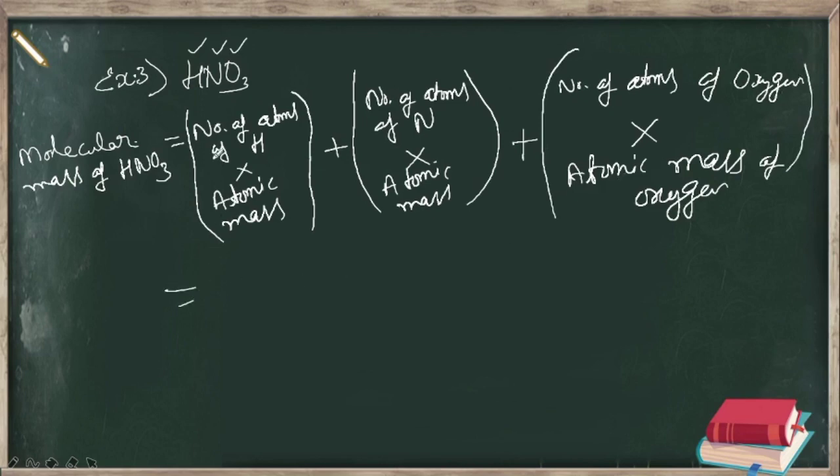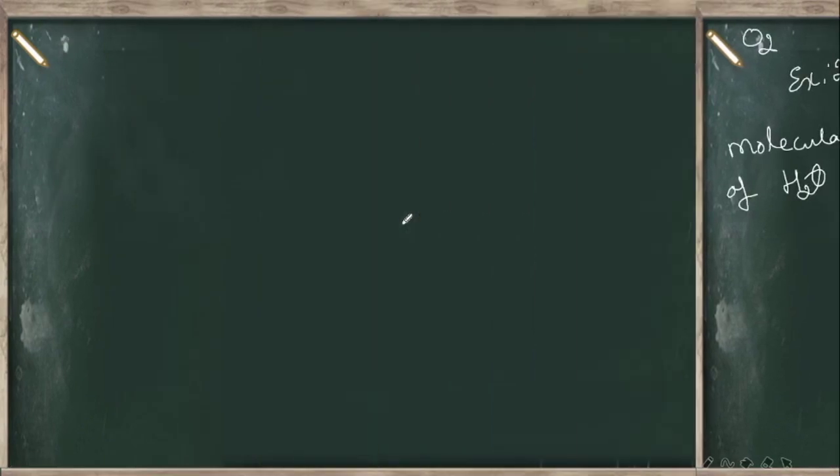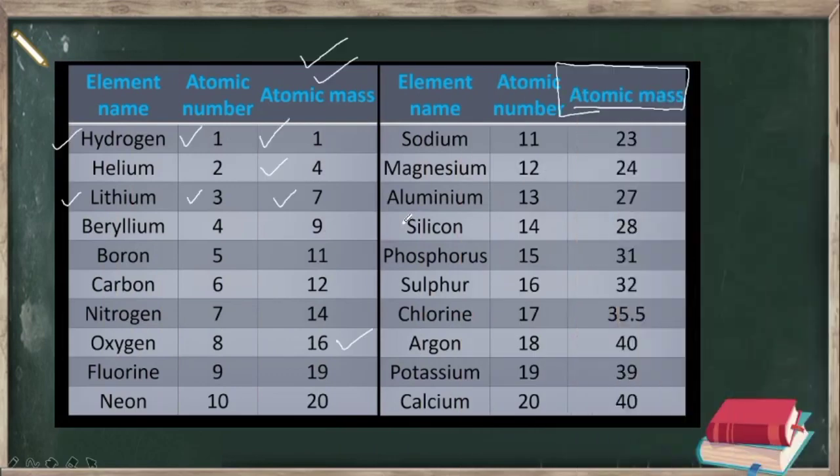Substitute the values. What is the number of hydrogen atoms present here? It is only 1. Sign into atomic mass of hydrogen, which is again 1, plus number of atoms of nitrogen, how many are there? 1, into, now can you recall the atomic mass of nitrogen? Anyone? Yes, if you imagine, you will get it, or else just look at this table.